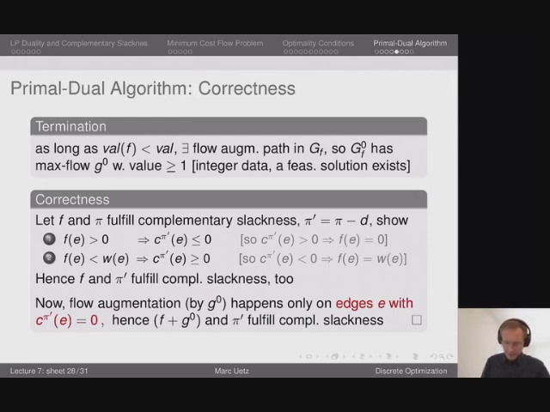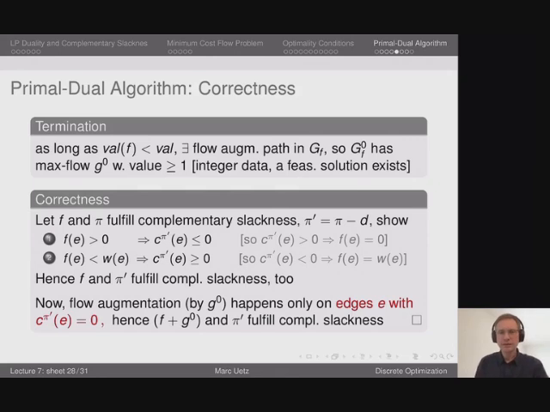So that happens only on those edges with 0 reduced costs. And that means that the new flow with a new node potential pi prime still fulfills the complementary slackness conditions just by definition, because we only change the flow value for the edges where the reduced cost coefficients are equal to 0. Okay, and that finishes the correctness proof already.